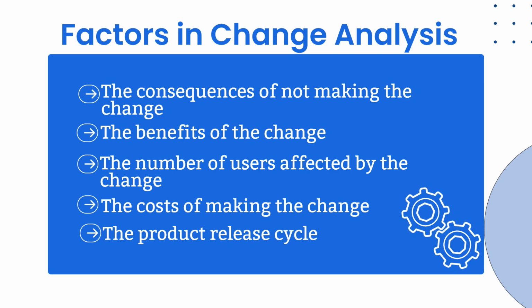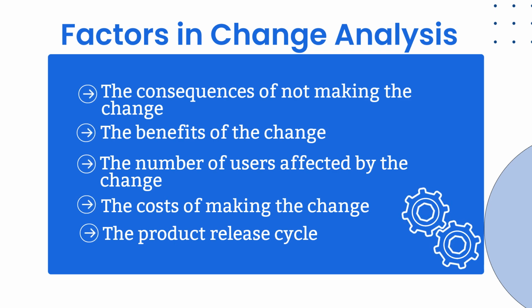The number of users affected by the change. This element considers the size and scope of the change as well as how many users or stakeholders it will affect. It aids in estimating the amount of work needed for support, training, and communication before, during, and after the change implementation.